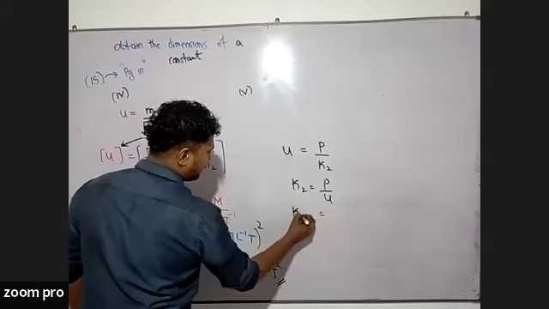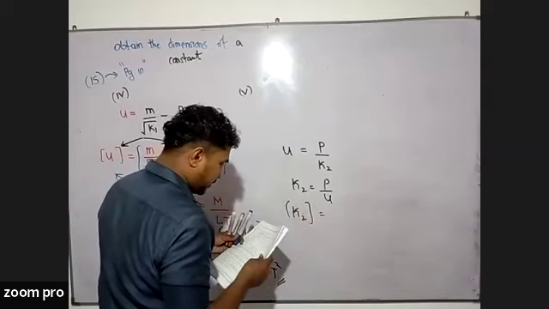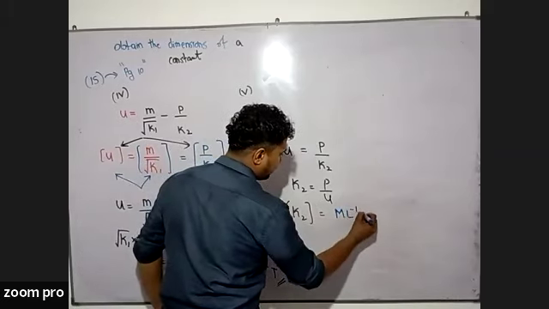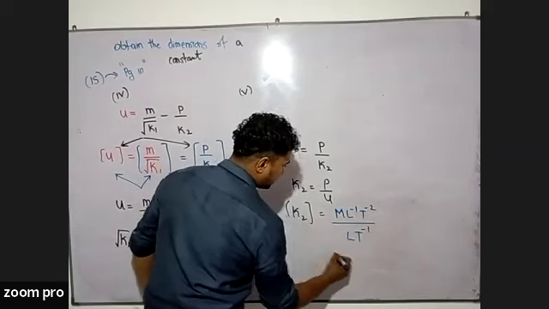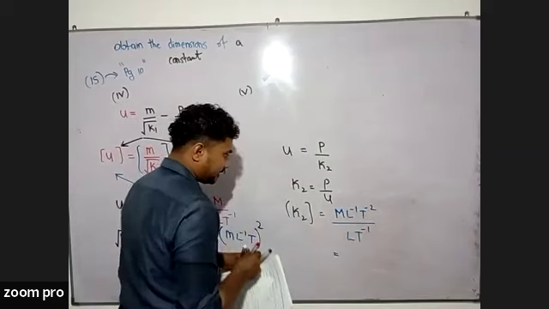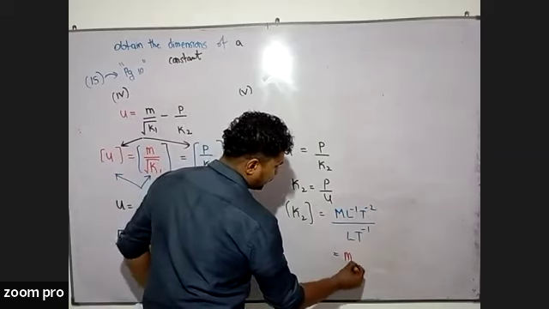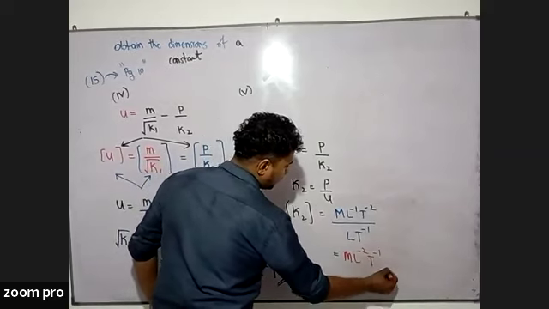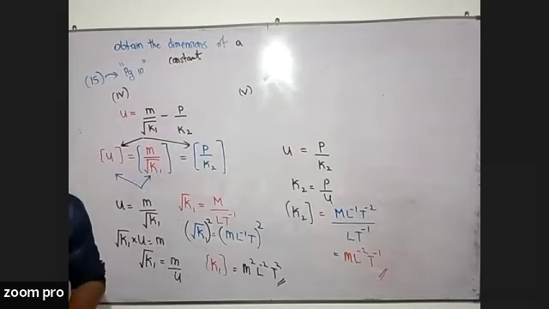So let's substitute the dimensions for each of P and U. P means pressure. The dimensions of pressure are M L minus 1 T minus 2 over L T minus 1. Then when these two come to the denominator, it converts to L minus 2 T minus 1. So this is the dimensions of K2, right?